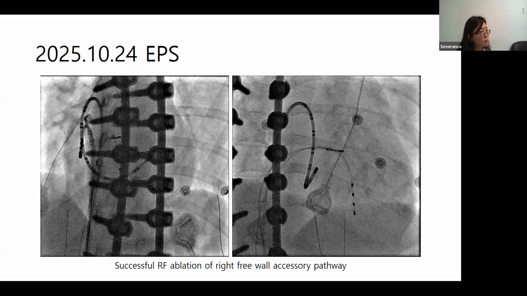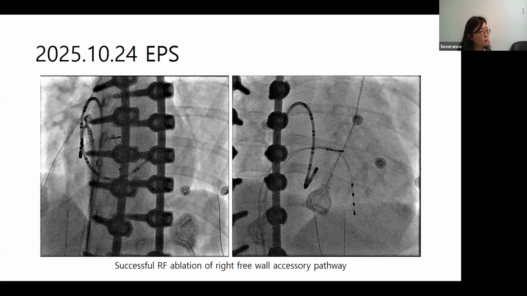The QRS width is normal, but if there is a narrow QRS with delta wave, you should suspect that. You should imagine whether this accessory pathway could be dangerous. Before the procedure, every possibility should be imagined in your brain.